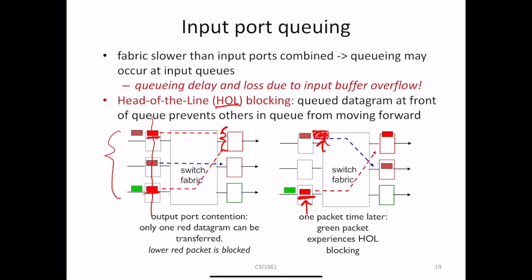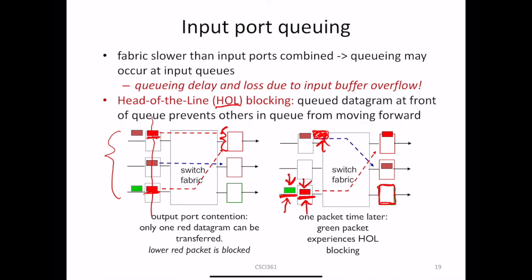However, for the green packets here, even though we know this buffer is clear, and no packets use or occupy this buffer, the green packets must wait for the red one to be loaded first, and then this green one can be transferred to its destination.